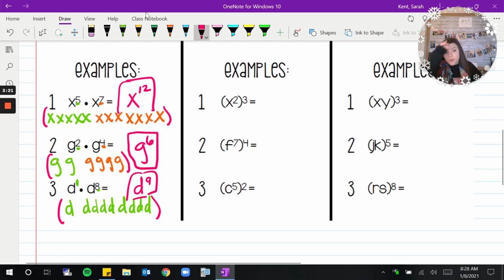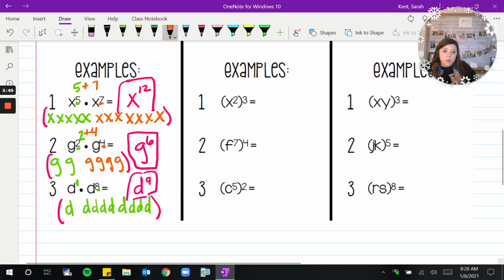So what we're doing is, if we didn't want to write all of these out, we're taking our 5 x's and we're adding it to the 7 x's. So we're thinking about our 5 x's plus our 7 x's. If we look at the g's, we're taking our 2 g's and we're adding it to our 4 g's, which would give us 6.